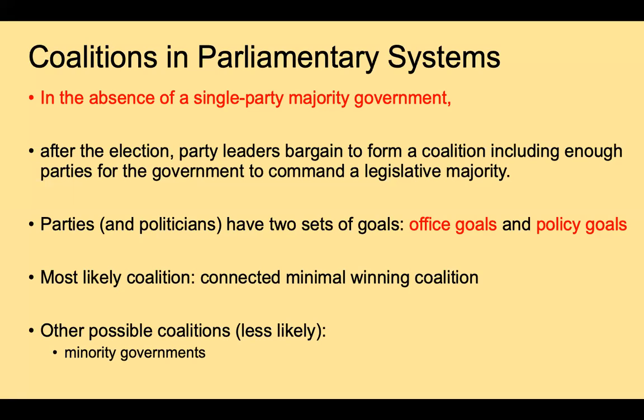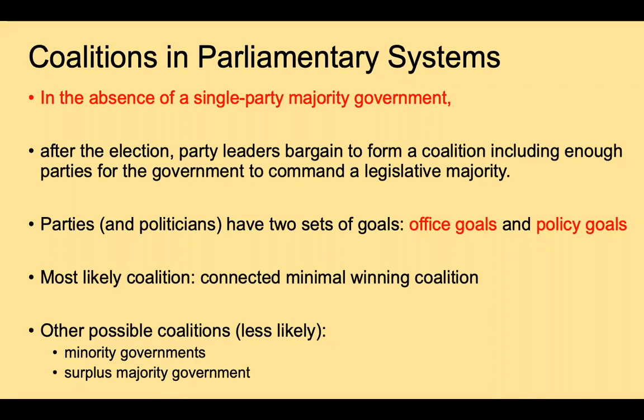But there are also some other possible coalitions, and these include minority governments, where the legislative coalition or the legislative bloc doesn't actually form a majority, it forms a minority, and a surplus majority government, which is a majority coalition, but that includes additional parties or additional members.